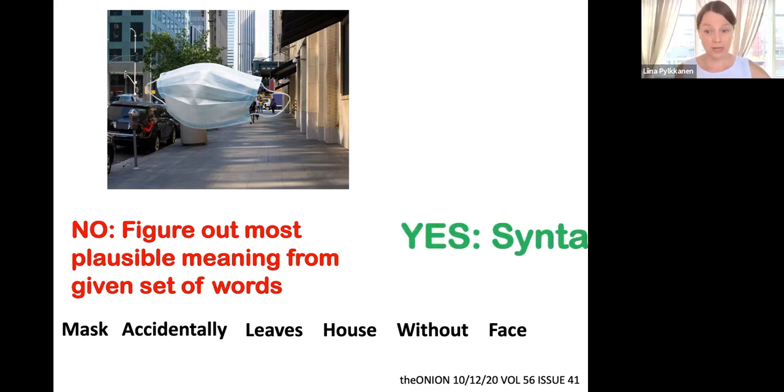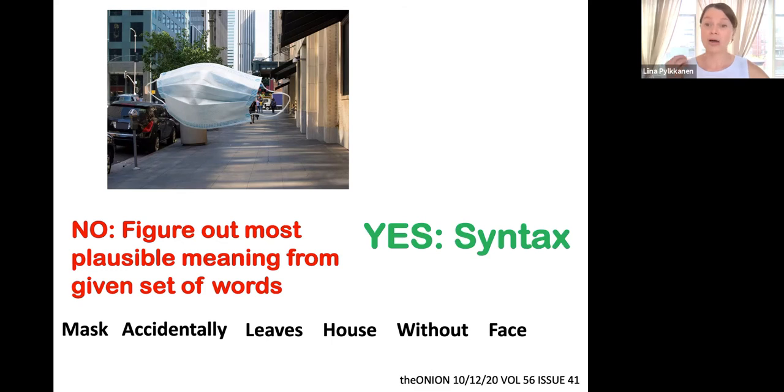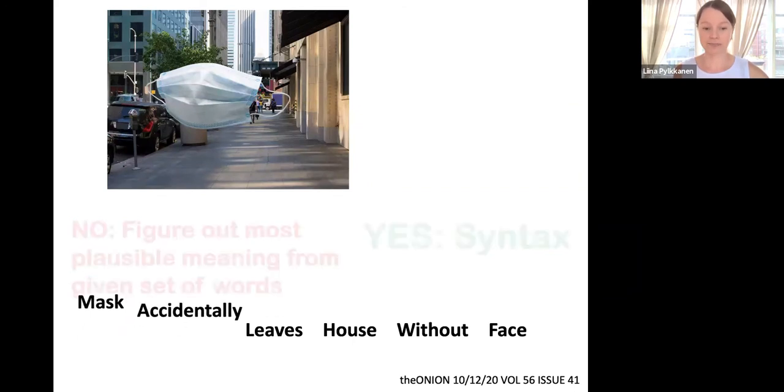Instead, what our brains do is they use your grammatical knowledge of the syntax of your language in order to combine the words together, and then that syntactic structure gets interpreted. And now I'm just talking about this purely in theoretical cognitive terms. We're not yet saying anything about how the brain does this process. We'll get to that later.